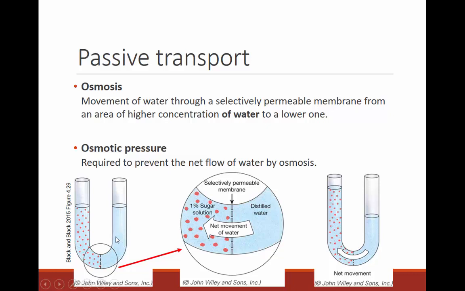Because if you think about the concentration gradient of water, higher on the right and lower water concentration on the left, agreed? So where's water going to move? It's going to move to the left, to that sugar solution. And if you look at the levels, that's exactly what happened.